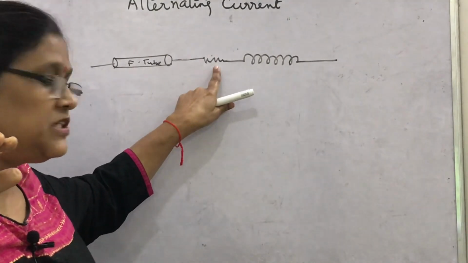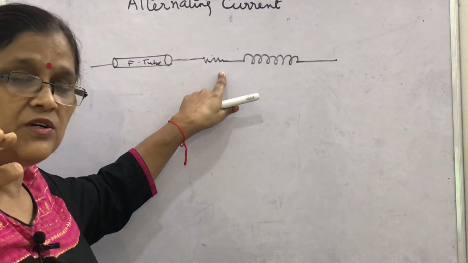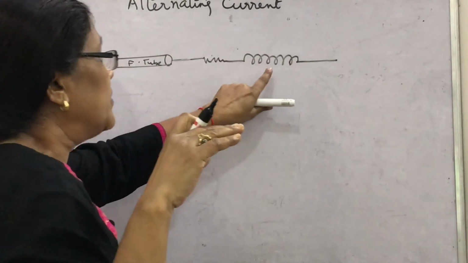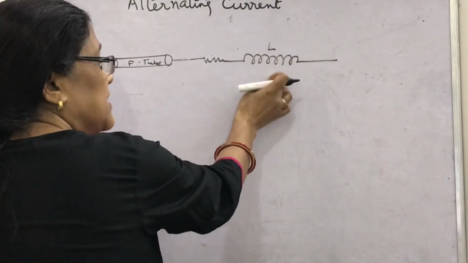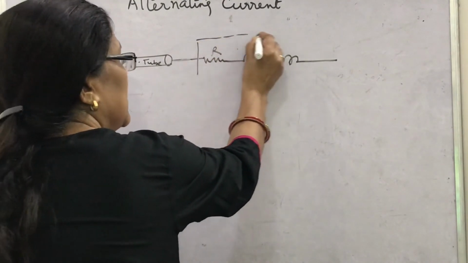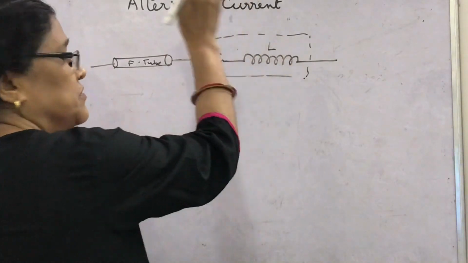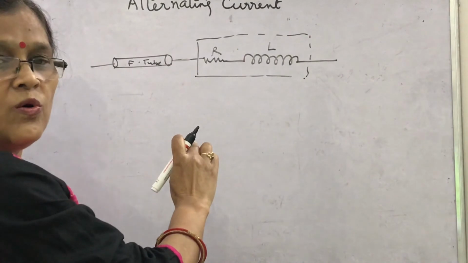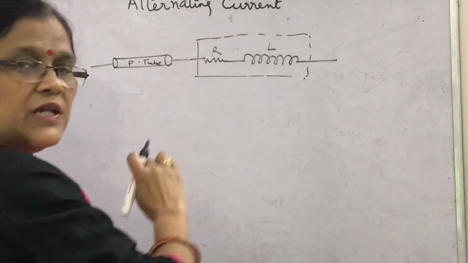So, I have shown the resistance of this coil. It is not externally added. Whatever the inductance of the coil and whatever the resistance, it is shown by R here. So, it is said to be an RL circuit, where L is very high and R is very low. What is R? The resistance of the coil itself.